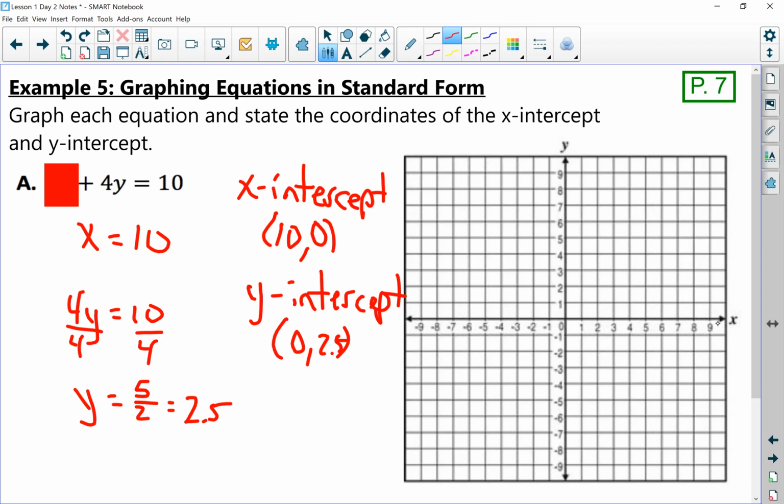So if I graph my 2 points, over 10 up 0, and over 0 up 2.5, and I have to estimate 2.5. I'm not really happy with that estimate. There we go. And draw my line.